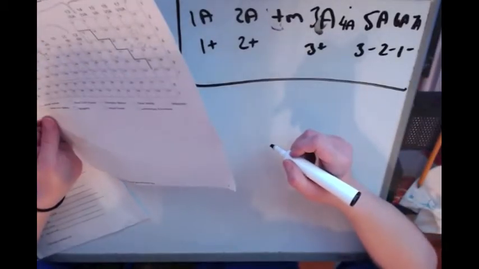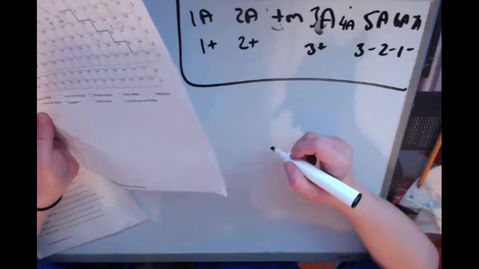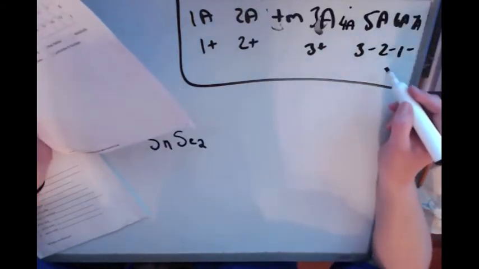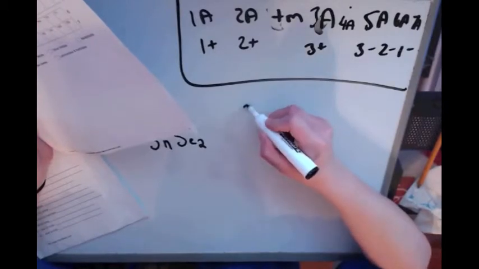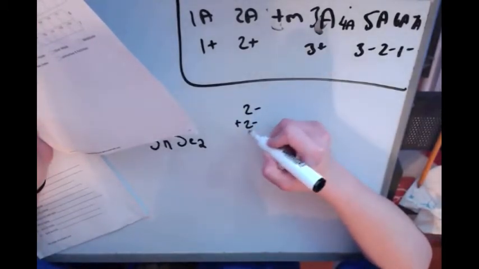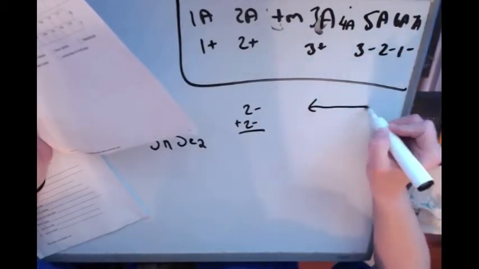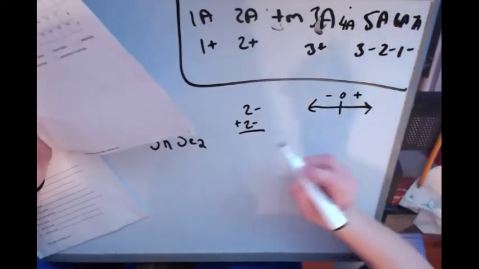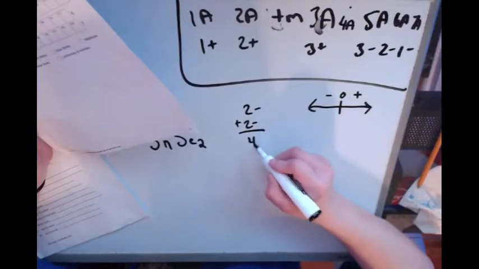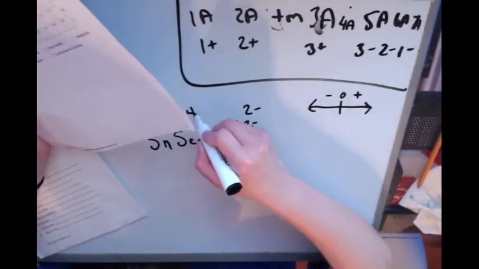So selenium is in the 6A column, so it has a charge of 2 minus. And there are 2 of those. So it's 2 minus plus 2 minus. Think of a number line where you have 0 and then minus and plus. So 2 minus plus 2 minus equals 4 minus, right? So this charge is 4 minus.